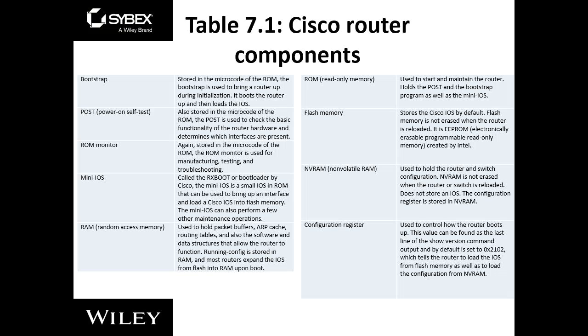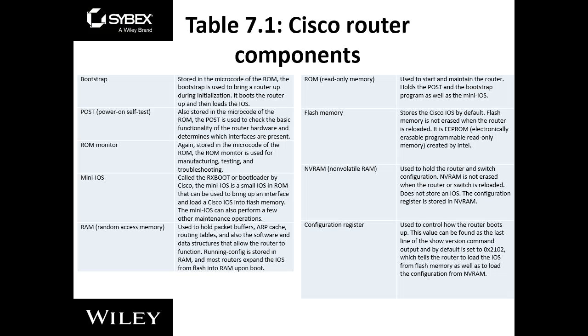Next, we've got the read-only memory, and again, this goes back to the earlier components that we talked about, the bootstrap, POST, and ROM monitor. Our flash memory. Flash memory is a type of memory in which the operating system, or what we refer to as the IOS, is stored on your switch or router.